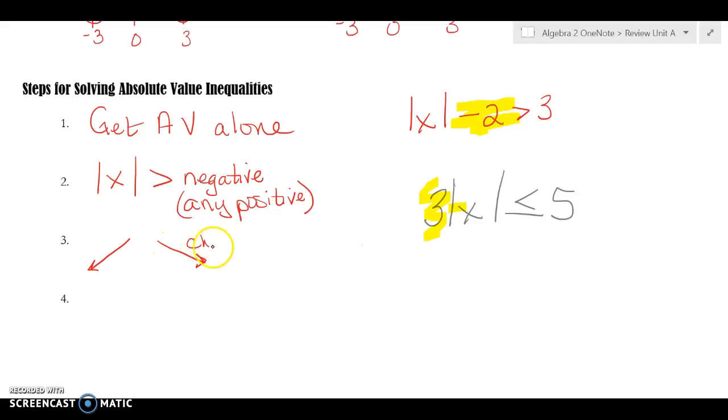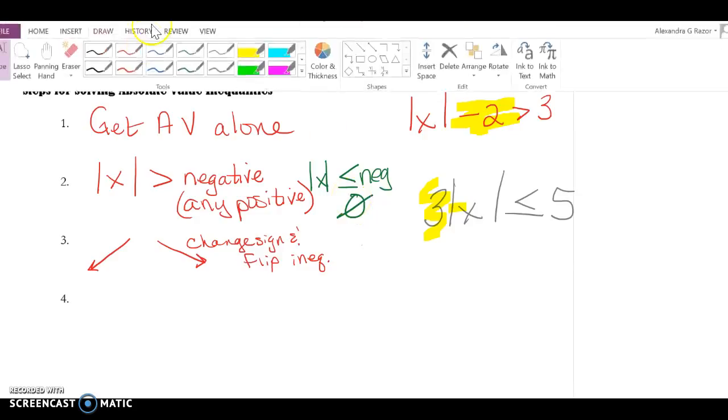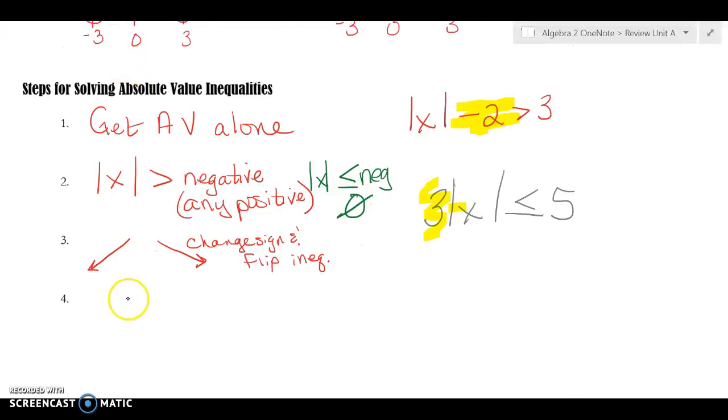And remember, on this side, you change the sign and flip the inequality. So when you have this situation where it's less than a negative, that's a no solution. Last step, once you separate them and you know you can do it, you just solve each one and graph.